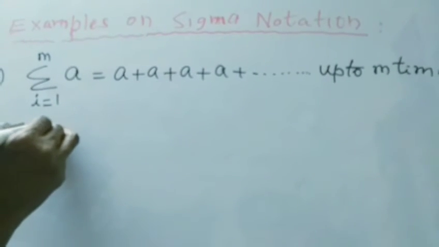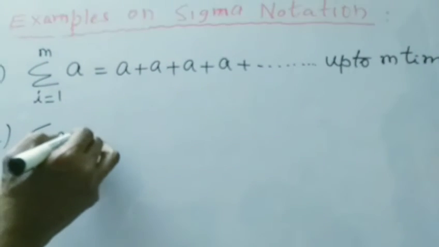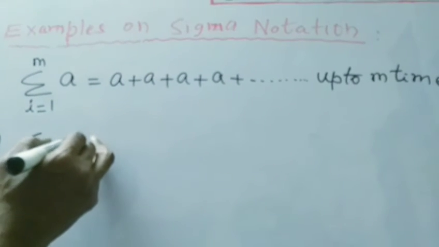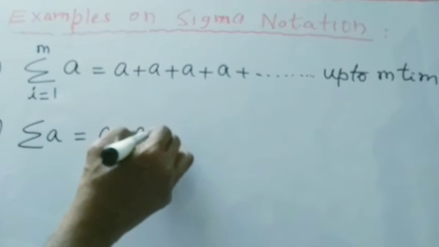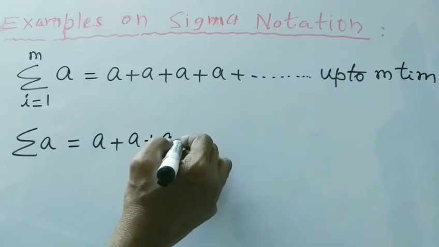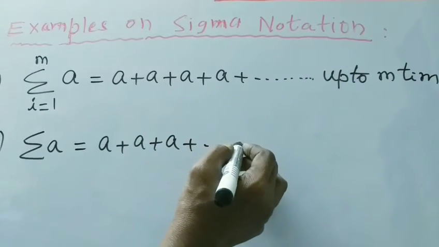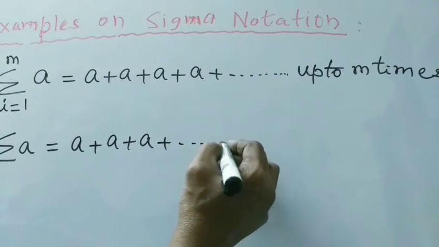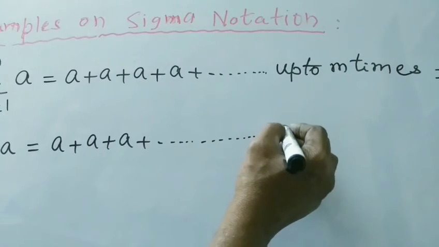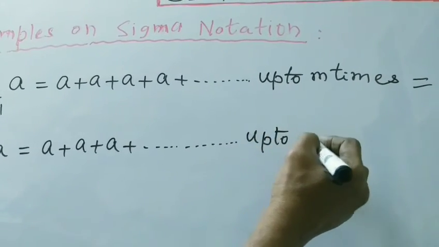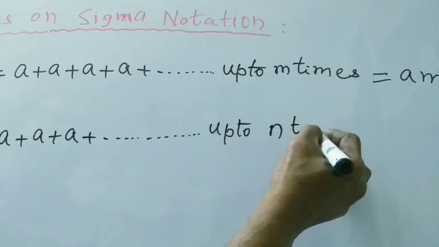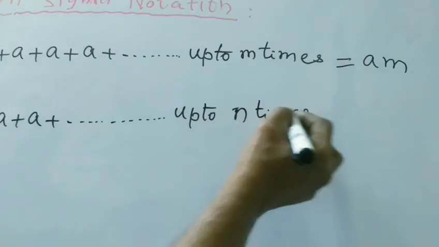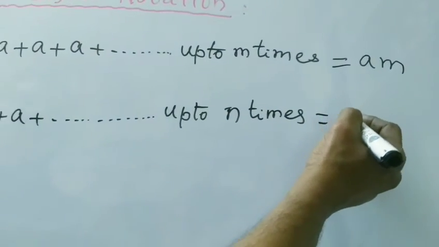Summation of a only here. Summation of a is equal to a plus a plus a, and so on up to n times, which is equal to an.